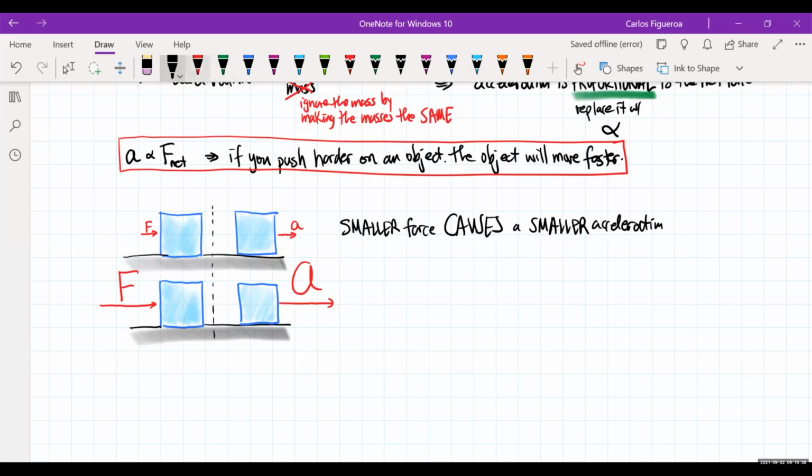How do I write this? If I have a small force, then I'm going to get a small acceleration. On the other hand, if I have a larger force, it causes a larger acceleration. I pushed harder, right? So if I pushed harder, it's going to speed up to a higher speed. That's common sense, right? That's common sense.